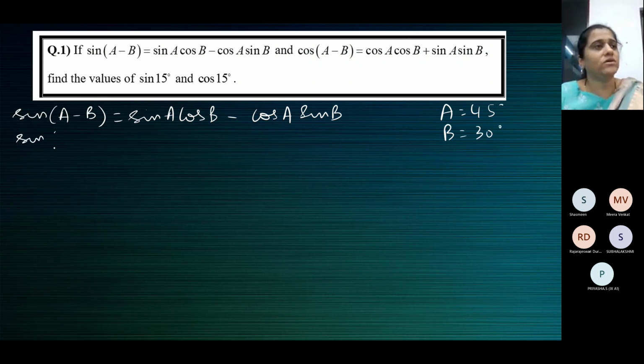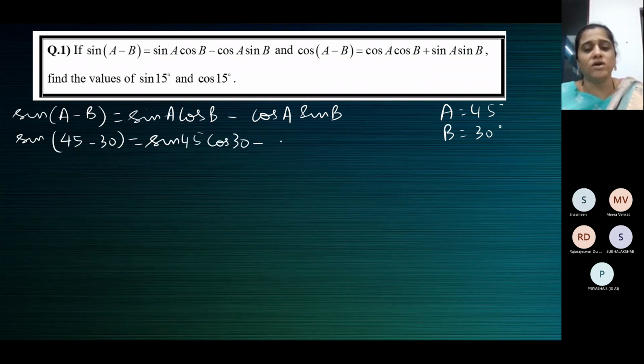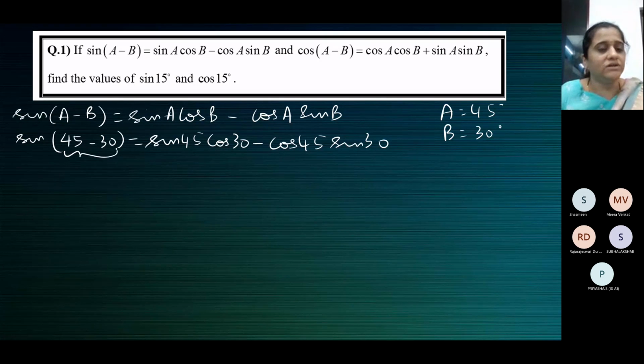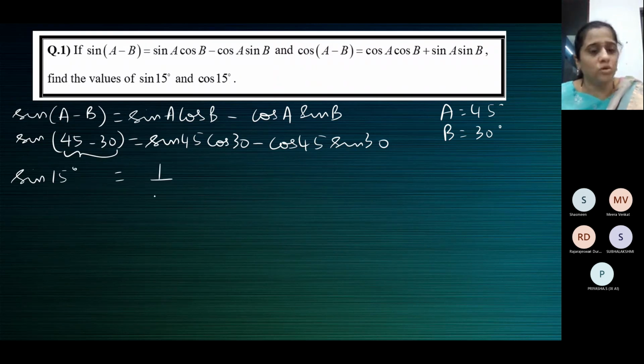So sine of A minus B, A is 45, B is 30, is equal to sine A cos B minus cos A sine B: sine 45 cos 30 minus cos 45 sine 30. Now what is 45 minus 30? 15. So sine 15 degrees is equal to, what's the value of sine 45? 1 by root 2.